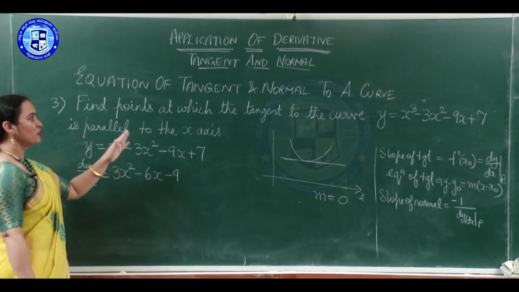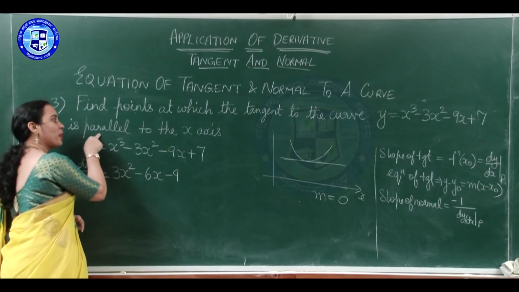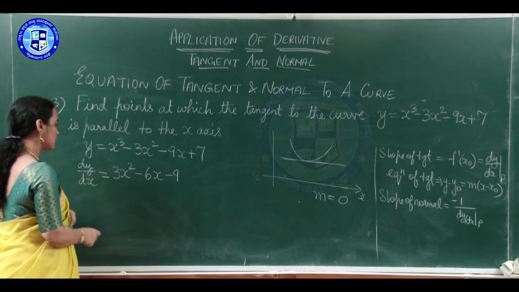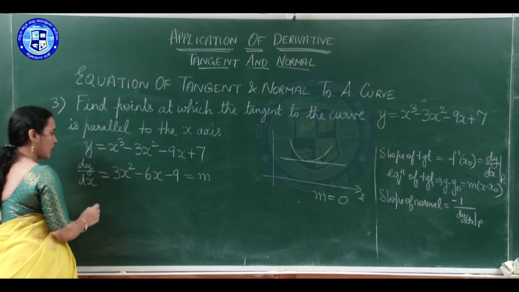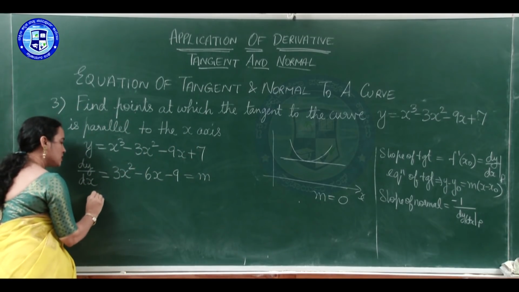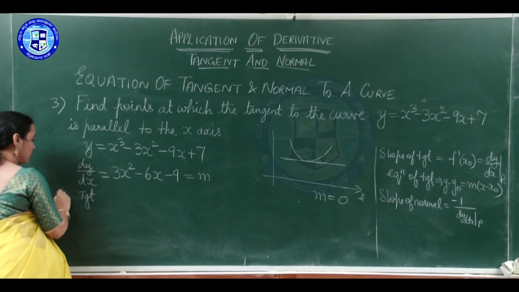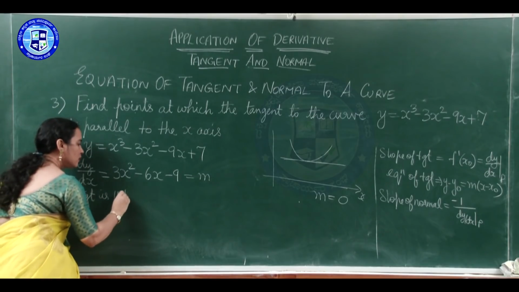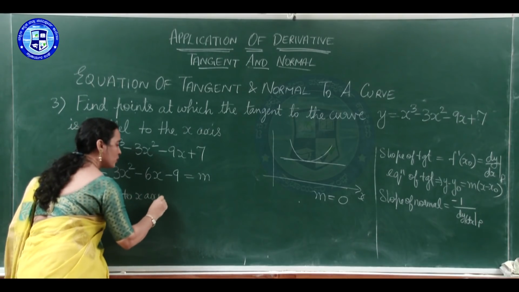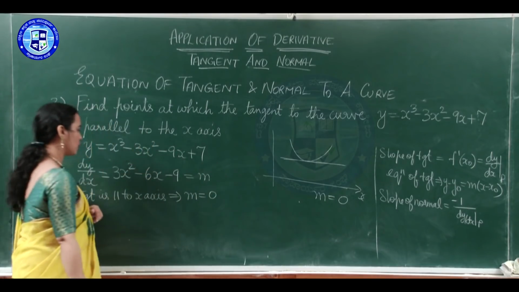Now, you have to find the points over here. They have given the tangent is parallel to x axis. So, let me take this as m. Now m is equal to 0 since the tangent is parallel to x axis. What do you mean by that? It implies slope is equal to 0.